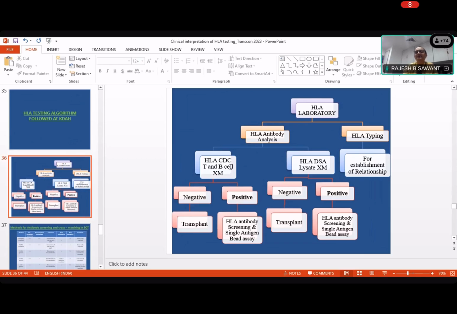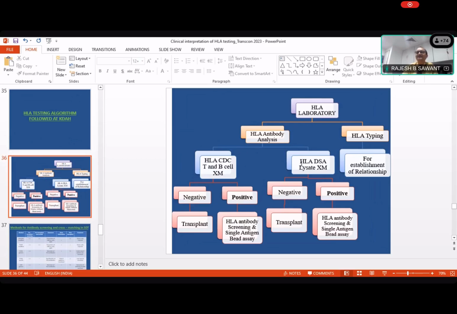Basically, the broader evidence for presence of any antibodies which can be dangerous for the graft. Also, since two technologies are needed, we will also do a Luminex based lysate cross match, which is again, as I said, a basic test like we do cross matching of blood.